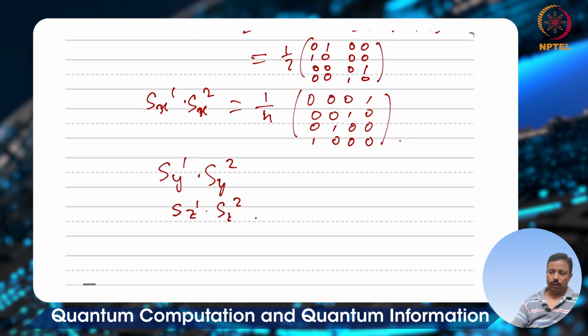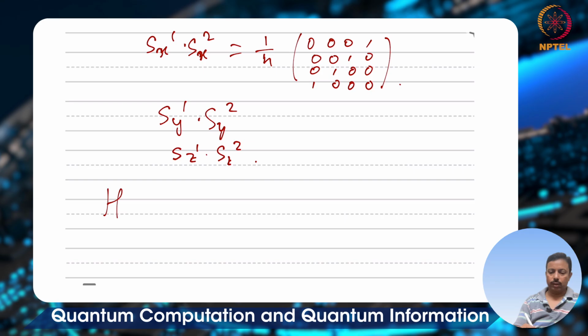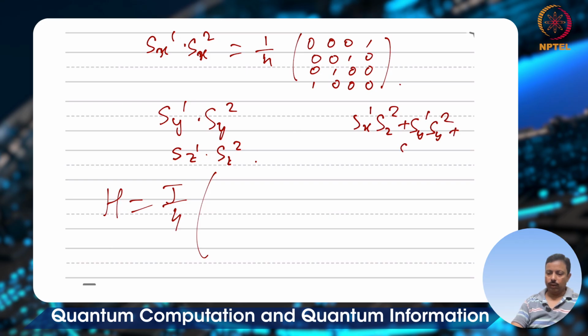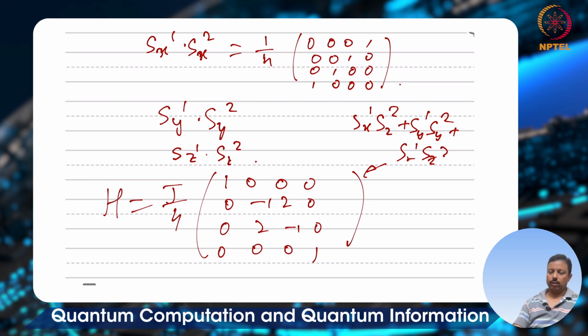So the Hamiltonian is J by 4, and I just add them up: Sx1 Sx2 plus Sy1 Sy2 plus Sz1 Sz2, and obtain 1 0 0 0, 0 minus 1 2 0, 0 2 minus 1 0, 0 0 0 1. Okay, great. So this is, let's say, equation number 2.